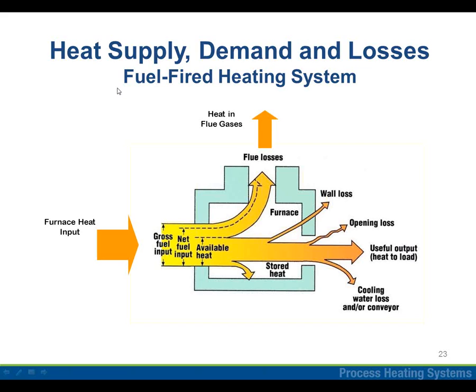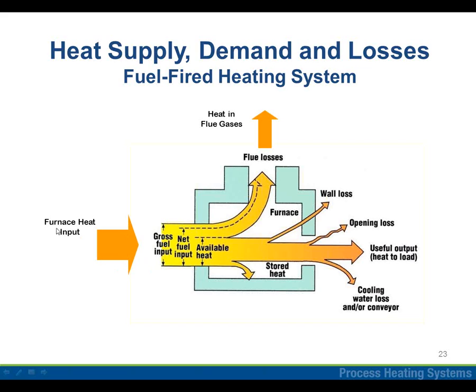But I think the most important part of today's webinar is that we need to understand how this heat balance analysis is done. If you look at the FAST tool, at the heart of the FAST tool, you have this kind of Sankey diagram. This is your furnace heat input, whatever natural gas or electricity, total electricity you are consuming, or maybe in some cases you are using coal or coke, fuel oils.